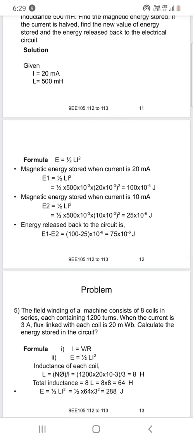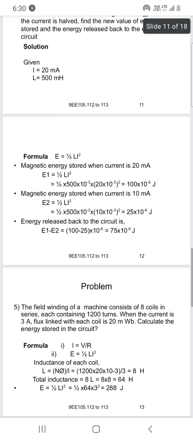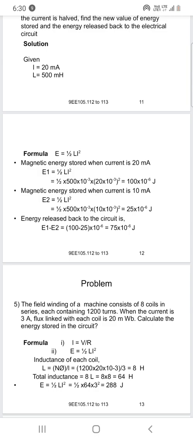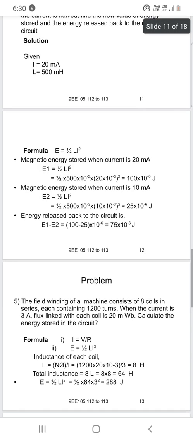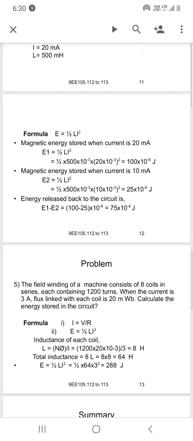So the energy stored when the current is 20 milliamperes is the E1 value. In the next case, the current is halved, that means the current value is 10 milliampere. So here E2 is equal to half L I squared. What is the energy released back to the circuit? That is E1 minus E2.